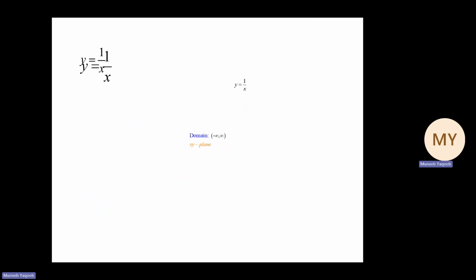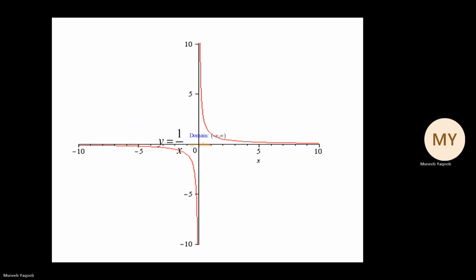Now you can see the function is y equals 1 upon x. It is known as a reciprocity function. If we draw this function, you can see the graph of the function y equals 1 upon x.